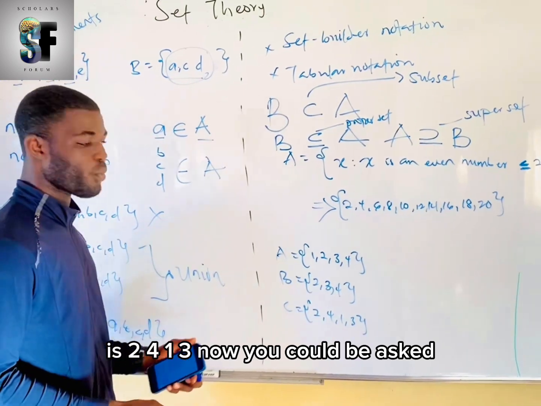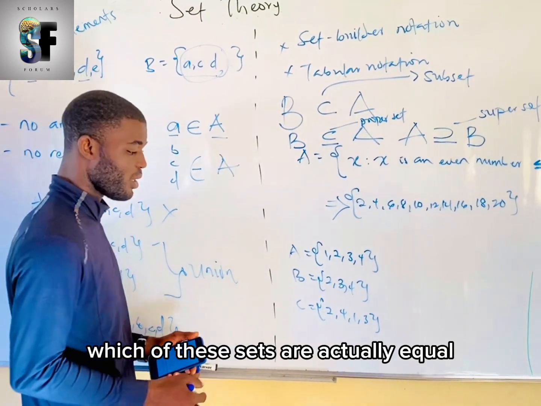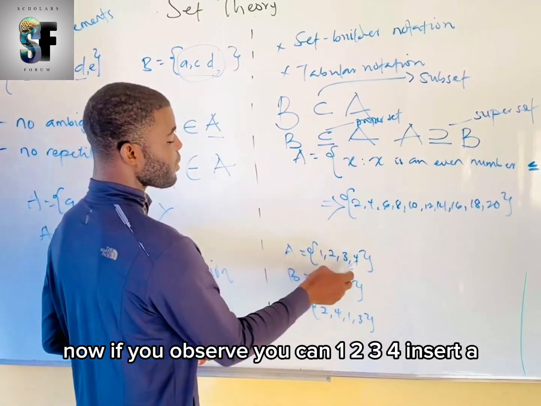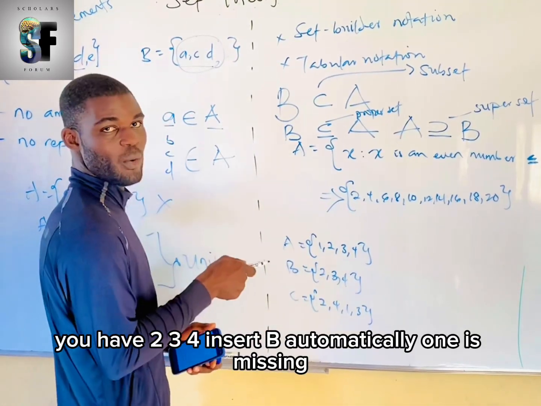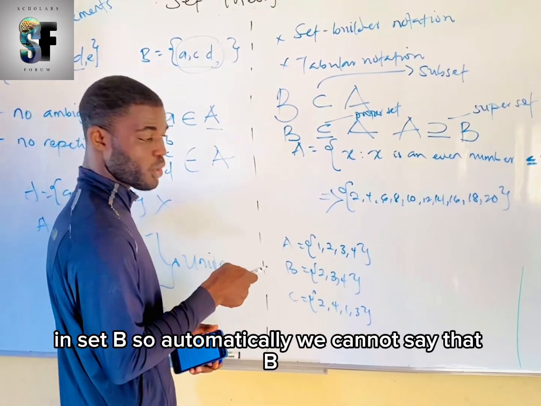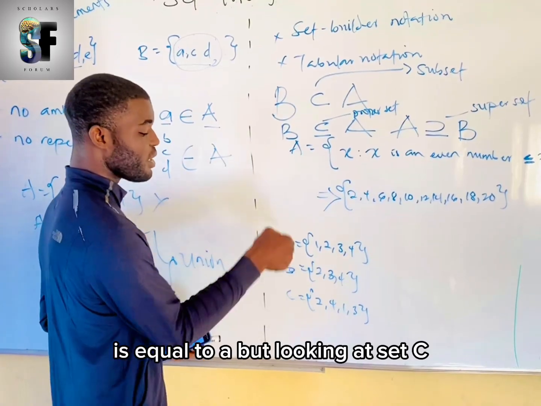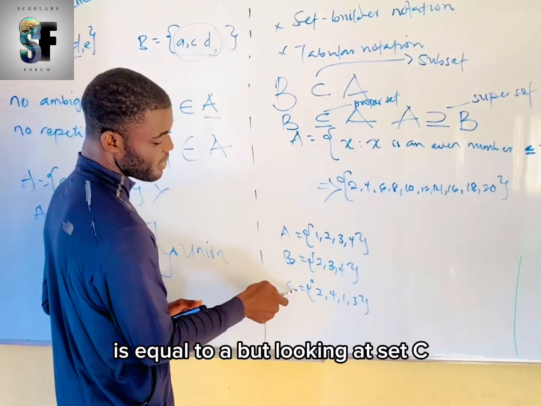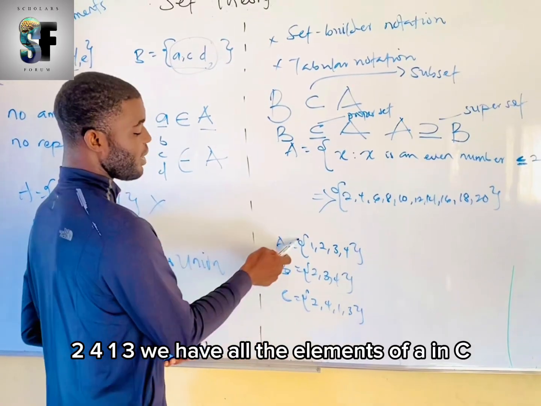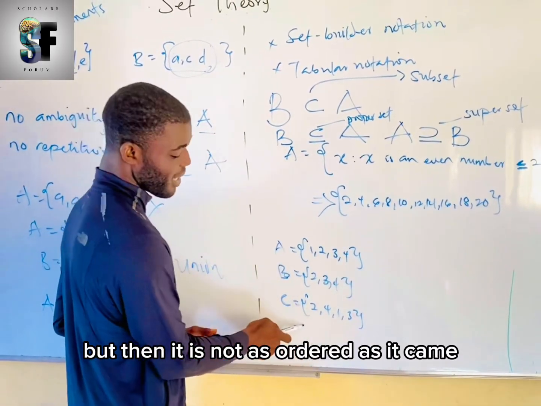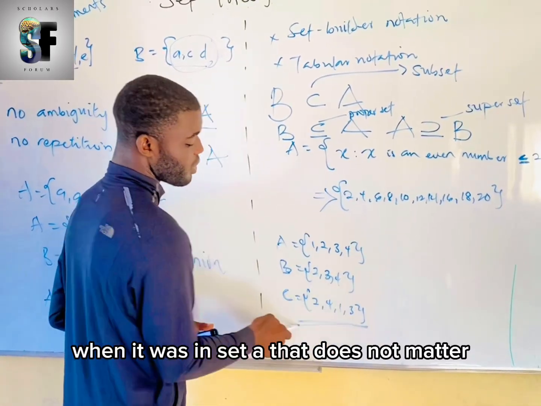Now, you could be asked which of these sets are actually equal. If you observe, you find 1, 2, 3, 4 in set A, you have 2, 3, 4 in set B, automatically 1 is missing in set B, so we cannot say that B is equal to A. But looking at set C, 2, 4, 1, 3, we have all the elements of A in C, but it is not as ordered as it came when it was in set A.